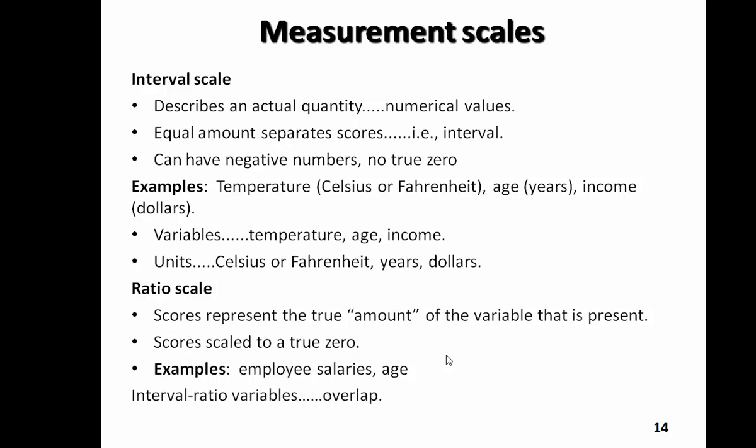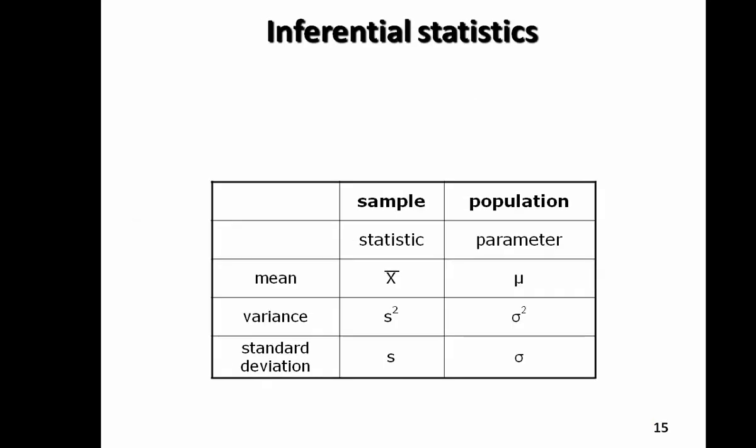So when we talk about defining variables, variables in a research project have to be defined very explicitly, because in a very general sense we can see that there is overlap. Some variables of interest can be considered interval, and the same variable can be considered a ratio variable.